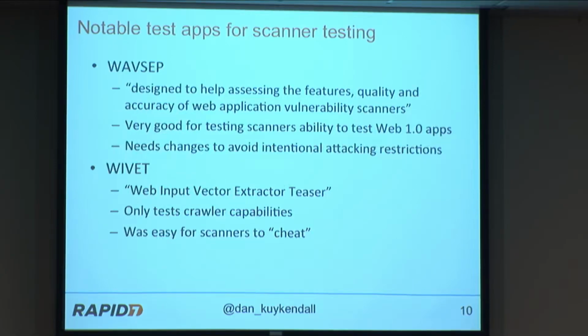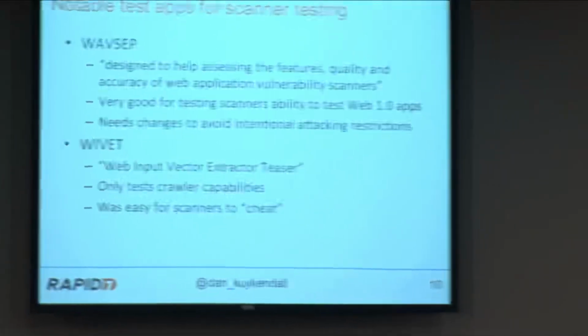If you get to the page, it records that you got there, and then you get credit for it, right? So anybody building a tool could just see, oh, Wivit, bam, I'll just find this. I actually contributed some code back to the project that randomizes those endpoint names so that it's a lot harder to cheat. But anyway, the point is that each of these is very isolated. They're very useful tools. They're good for what they're doing.